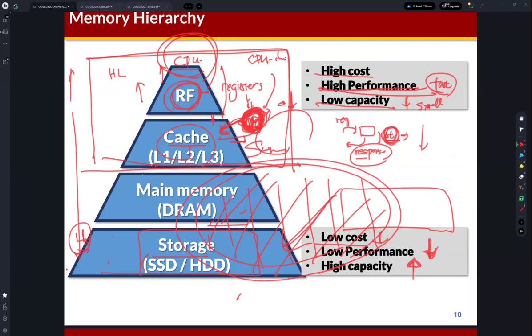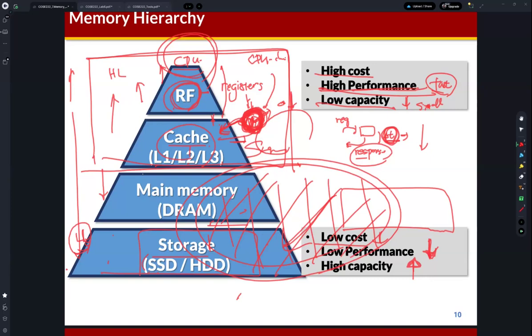Like this. And you need to understand the characteristics of each level of the memory hierarchy. This is the high level, this is the low level memory. For the high level memory, we use expensive, the better memory. What does that mean? This memory is fast, but the capacity is low.